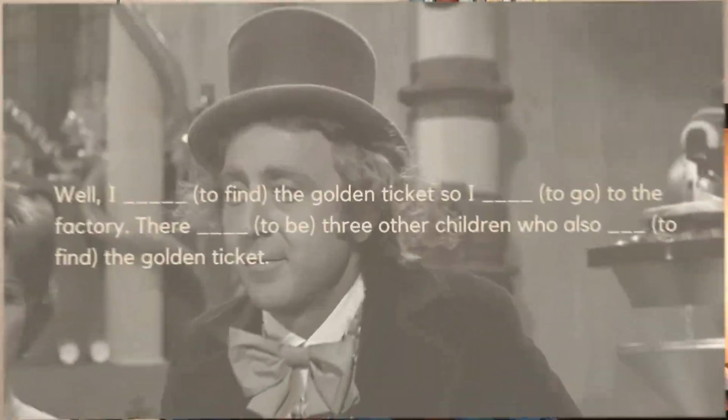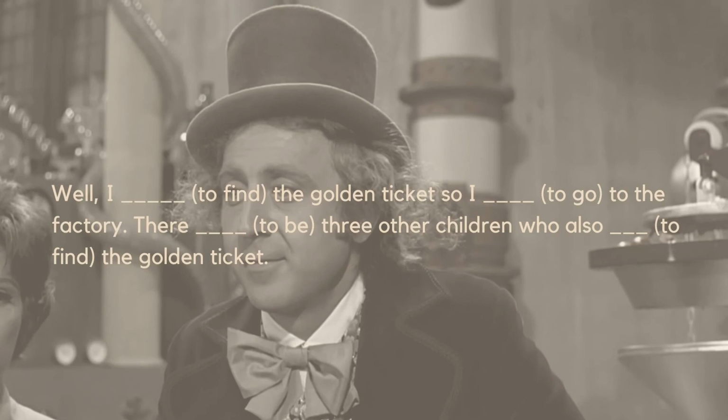Practice retelling the story now. Answer in the correct form of the verb as we read together. Well, I to find the golden ticket, so I to go to the factory.